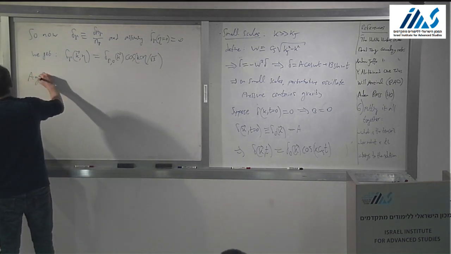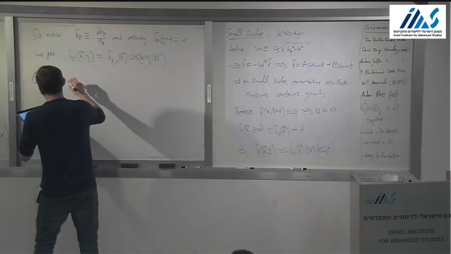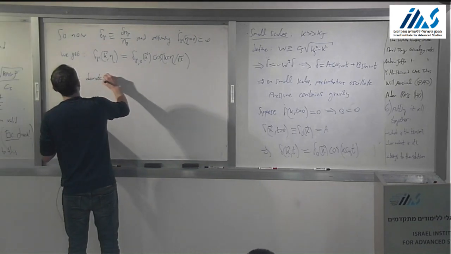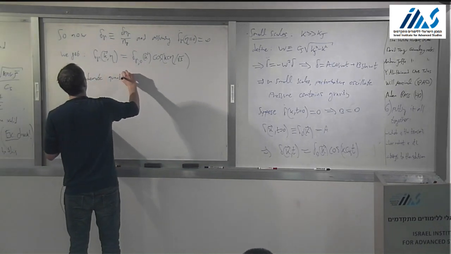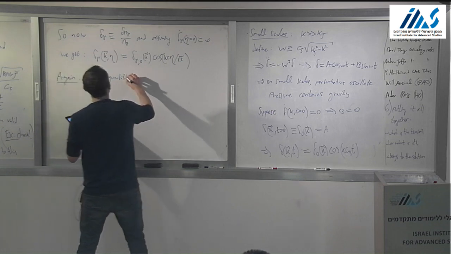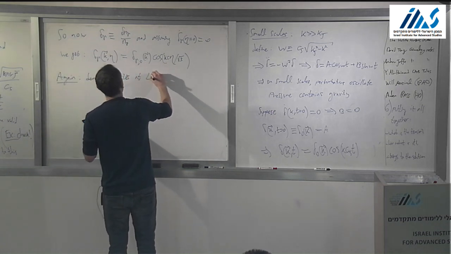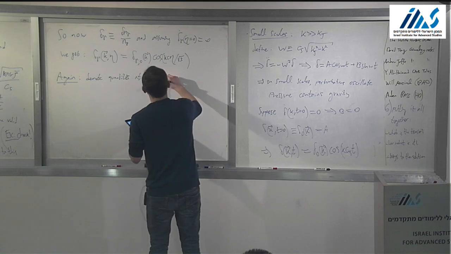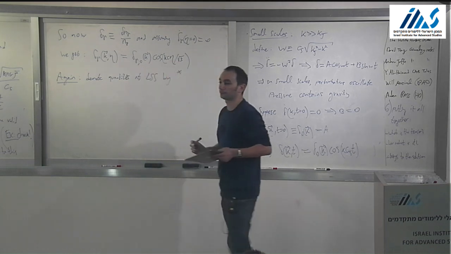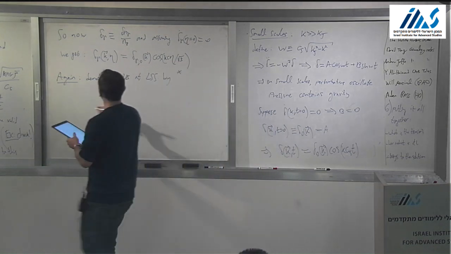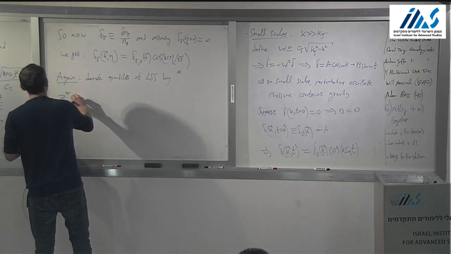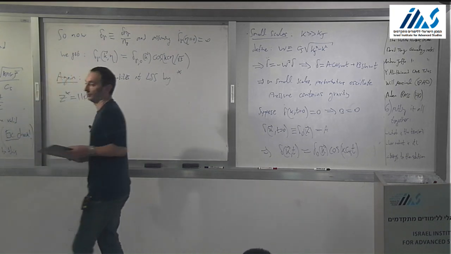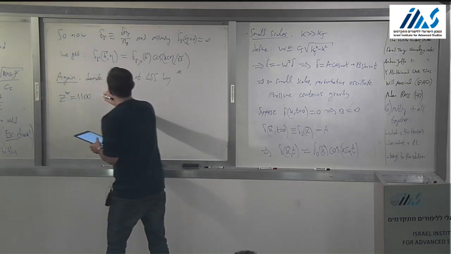Again, we denote quantities at the last scattering surface by a star. And now the redshift of the last scattering surface we assume to be 1100.